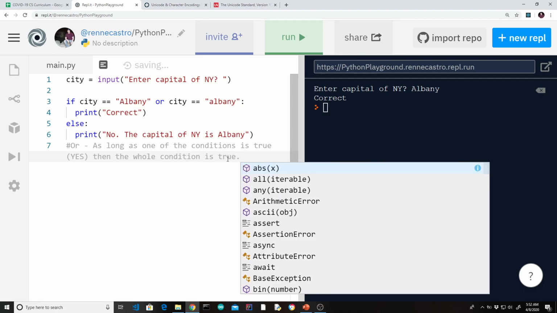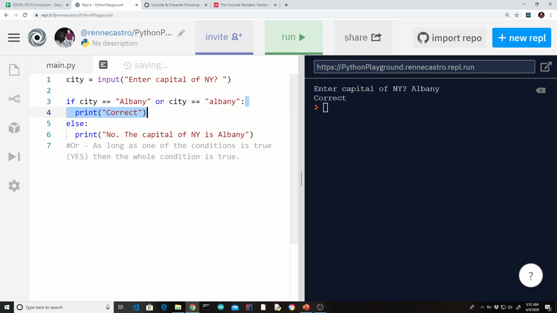So in this particular case, when the person entered Albany, it said if city is equal to Albany. Well, it was. So our answer is correct.